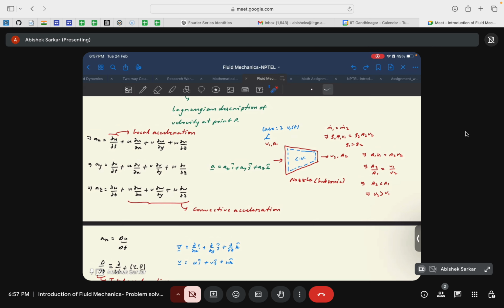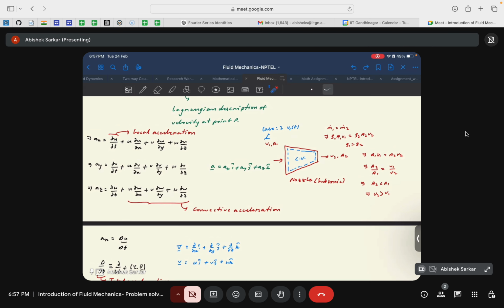So flow across a nozzle. The nozzle means that one of the sections has a lesser area compared to the other, so it will accelerate the flow. From simple mass conservation, if the initial mass flux is rho a1 v1 and the outgoing mass flux is rho a2 v2, and density is constant, a good approximation for the subsonic regime, then a1 v1 is equal to a2 v2.